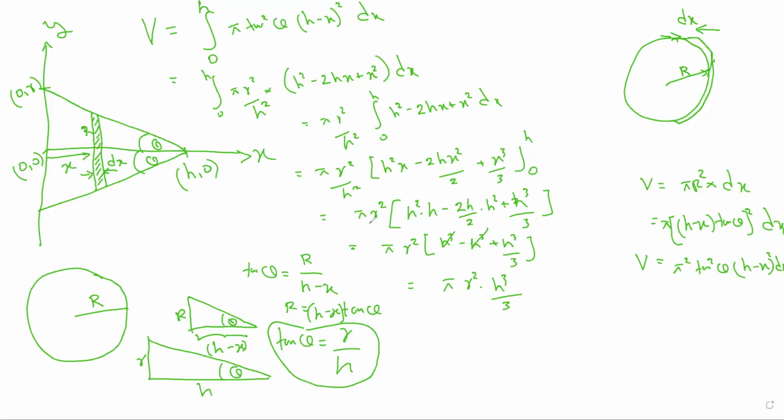Here I have missed this h squared. Then the answer is 1 over 3 pi r squared h. This is the final answer.